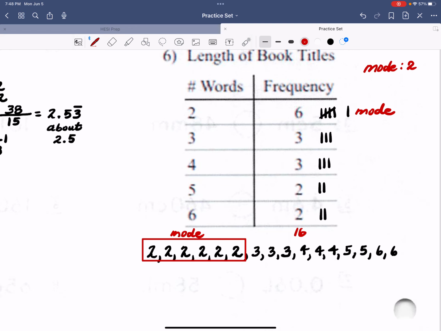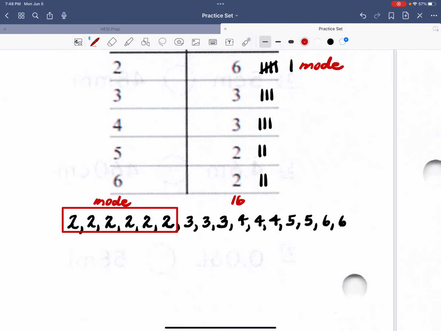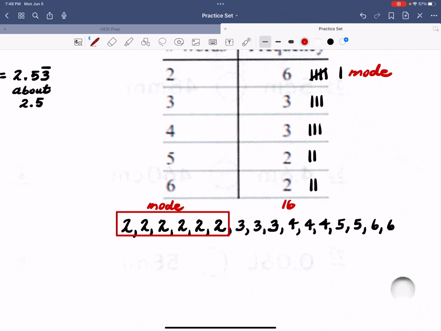The median. Now this one has an even number of books, so we have to be careful. The median is the middle. But if there are 16 of them, 1, 2, 3, 4, 5, 6, 7, 8, the median is right there. Now in this particular case, it's not too bad because they're both the same number.